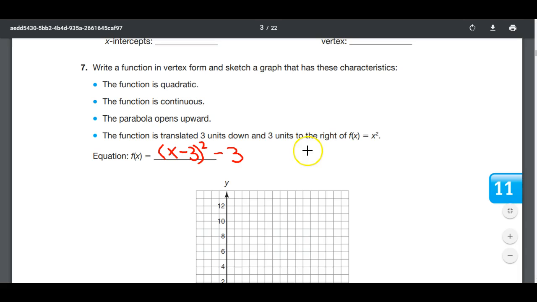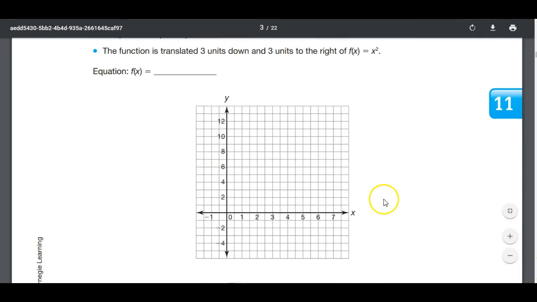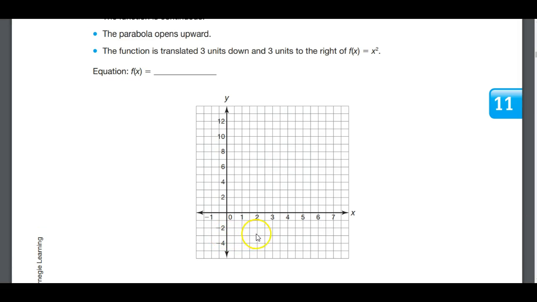But now I need to actually draw. They told us to sketch the graph. So let me scroll down a little bit more and I can sketch this graph. If it is 3 units down, that'd be down 1, 2, 3. There's 3 right here. And 3 units to the right, 1, 2, 3. Realize I'm using the scale here. This is 3. This would be 2.5. So don't count 1, 2, 3, that's only 1.5.